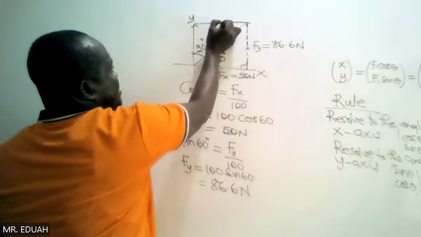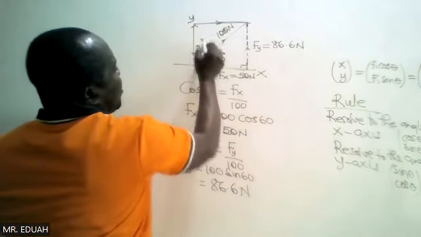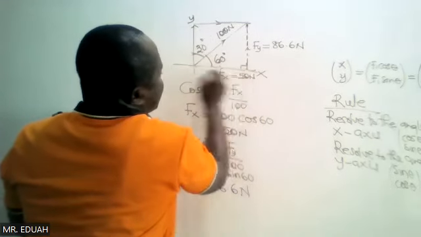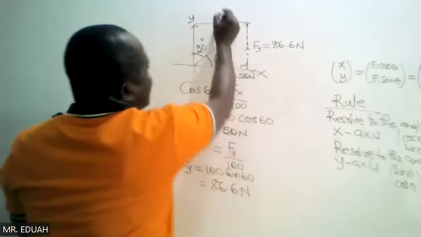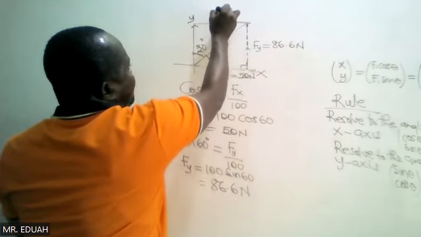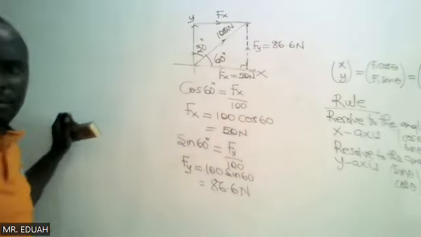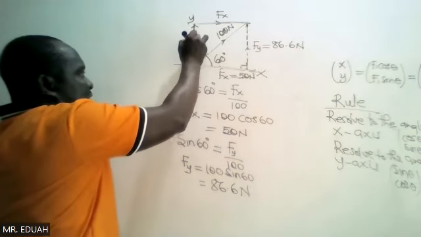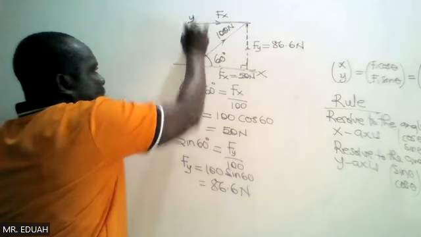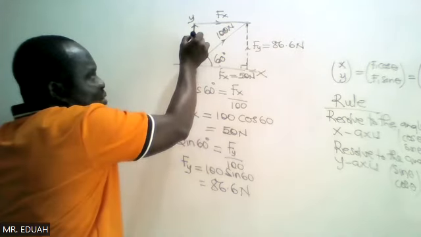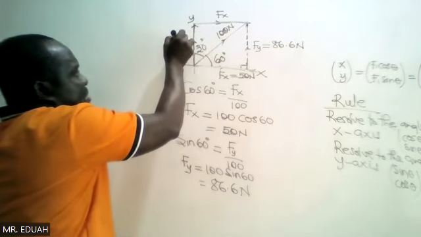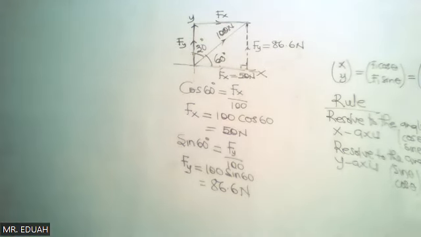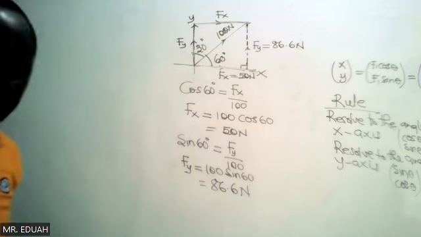Even though it is the opposite, this side is still along the x-axis, so this side still becomes Fx. Now, this is the adjacent to the angle. Even though it is the adjacent, it is still along the y-axis, so this side becomes Fy. Are we fine?